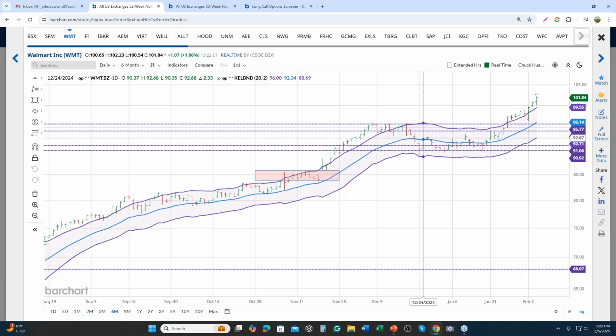And we did testing on these Keltner channels to see if it's a better buy if it retraces to the middle channel, or is it a better buy if it retraces to the lower channel. And it didn't make much difference in the results, but what did make a difference is buying a stock above that upper channel.